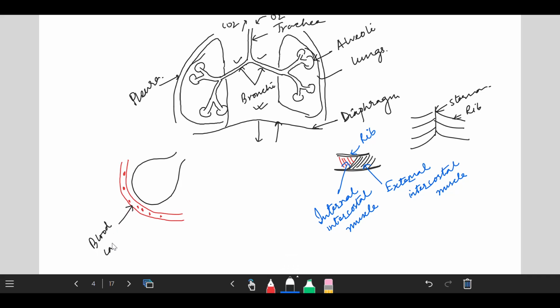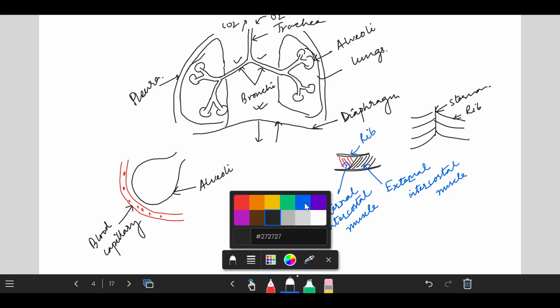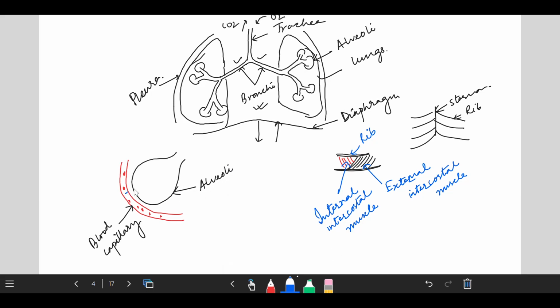This is blood capillary and this is alveolus. Now, between the two, carbon dioxide goes to the alveoli, but oxygen goes to the blood capillary. So oxygen goes in and carbon dioxide goes out. That is the process of gaseous exchange between alveoli and the blood capillaries.